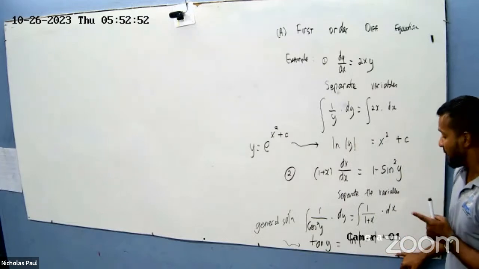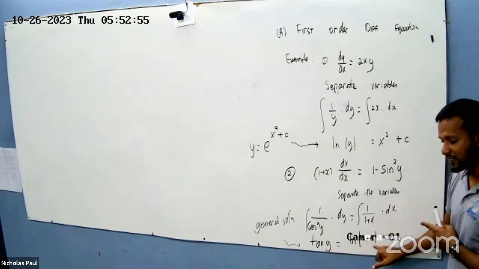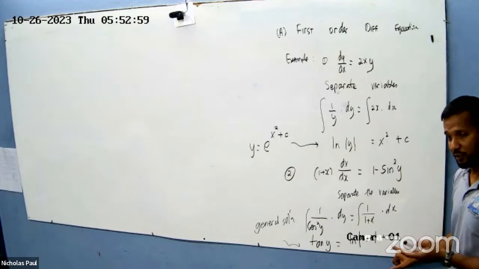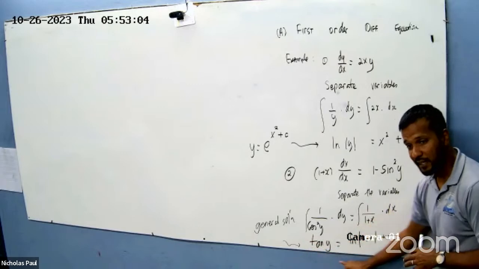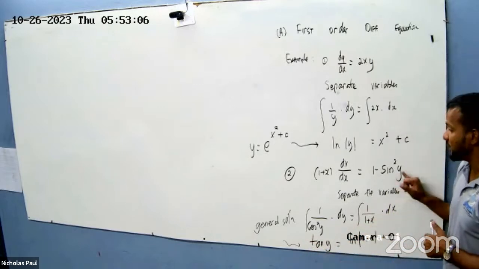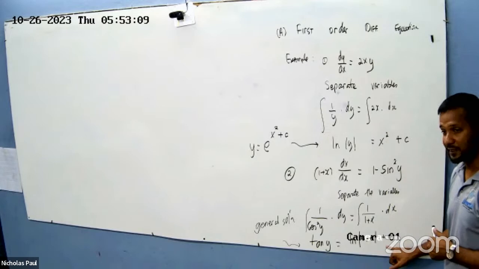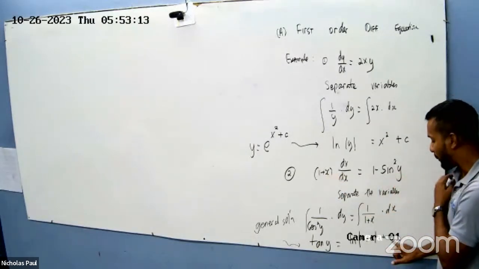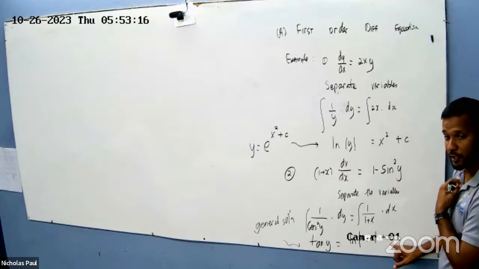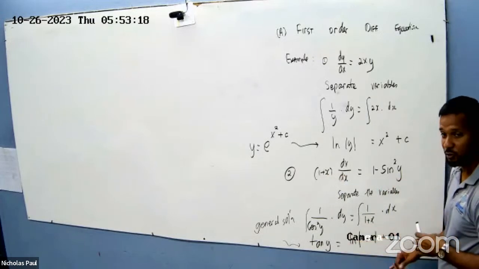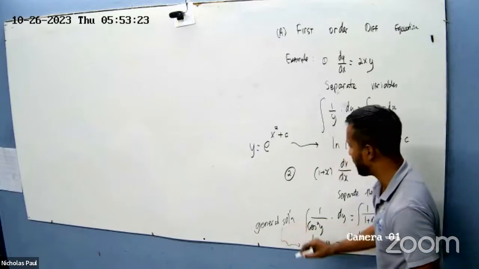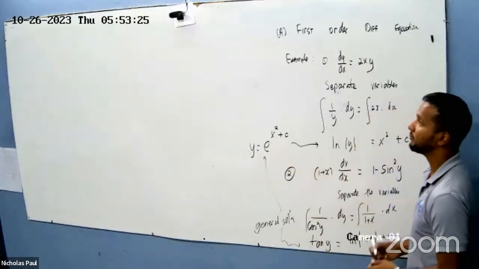But if I give you a value for y and a value for x and you work out c, that's called a particular solution. If you solve this, it'll always look like this. But if I give you conditions for x and y, you will get a particular value for c. When you write that value, that's called a particular solution. But this here is your general solution.